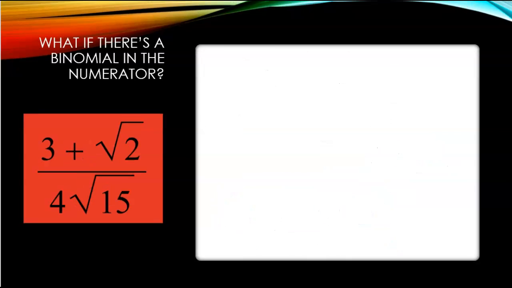Now what happens if there's a binomial in the numerator? That's what we were doing before too. Okay, good. So we got 3 plus radical 2 over 4 radical 15. Remember what we said before? We only have to put the radical up, right?